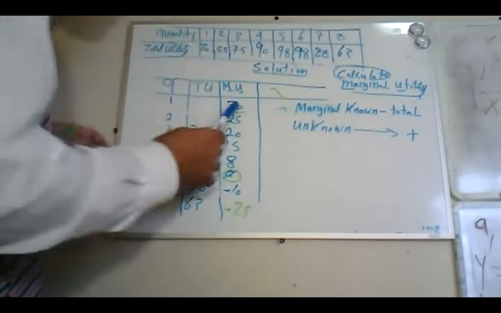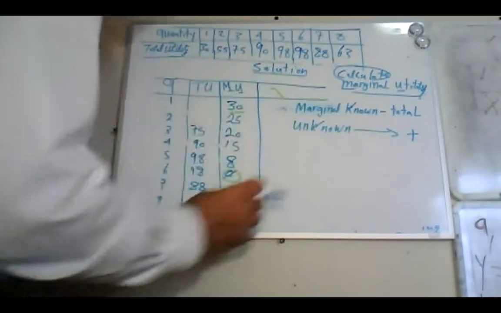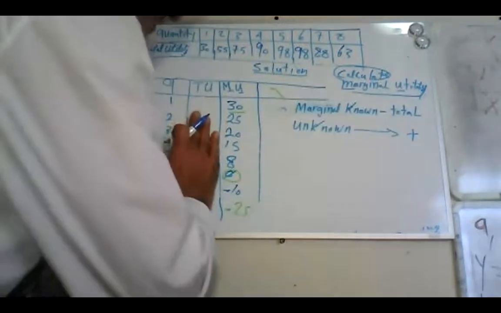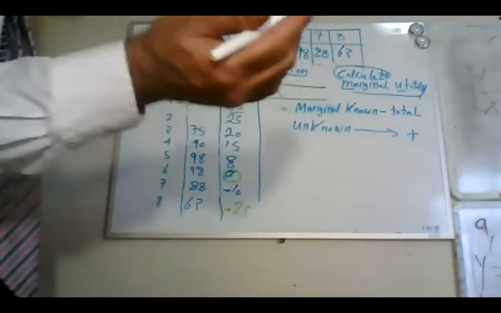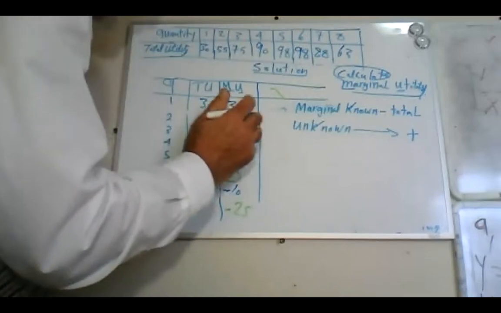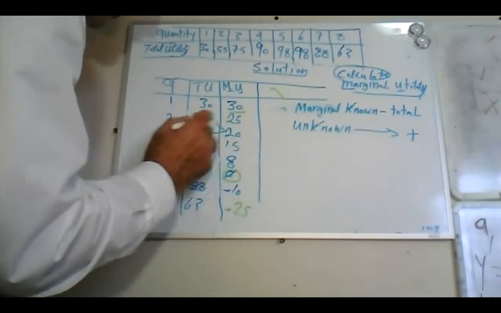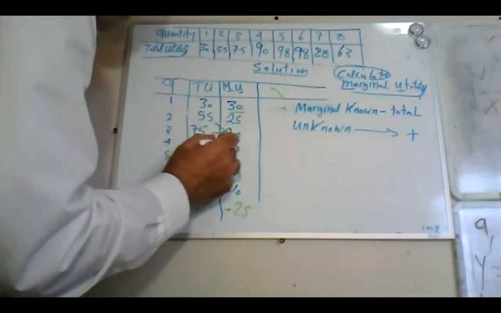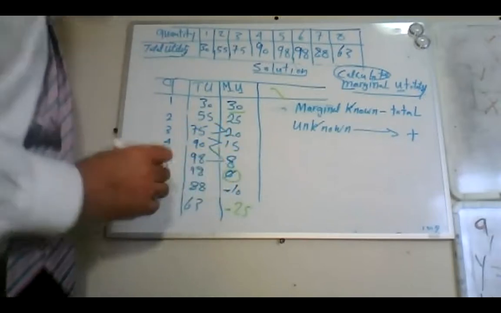I gave you the marginal, so the marginal is known and the total is not there, then you will add. How will I add? I will put the first 30 here. Then 30 and 25 will be 55. Then 55 plus 20 is 75. 75 plus 15 is 90. 90 plus 8 is 98.